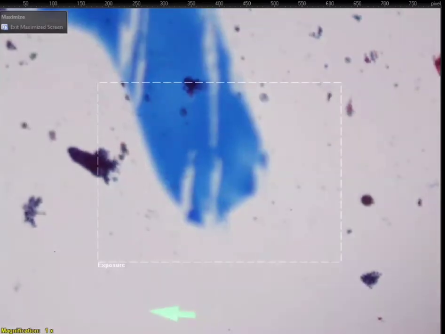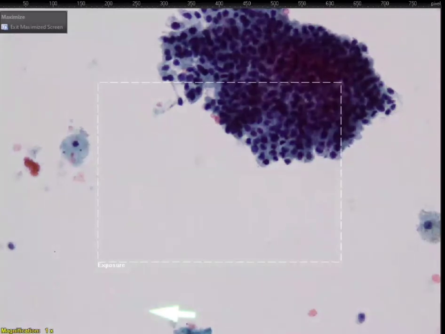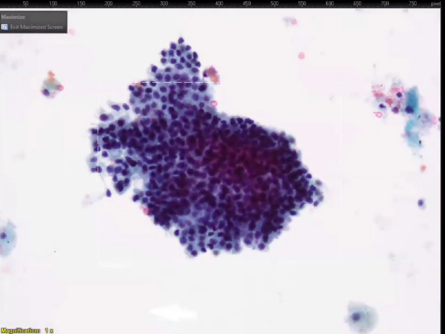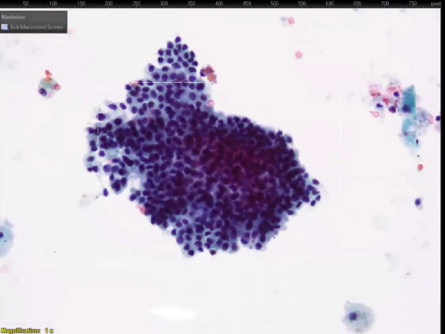Are these that kind of cell? Where's the terminal bar and cilia? None. No terminal bar or cilia. What does that tell us? It's not the normal respiratory epithelium.